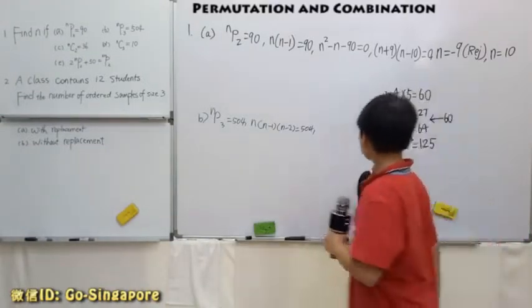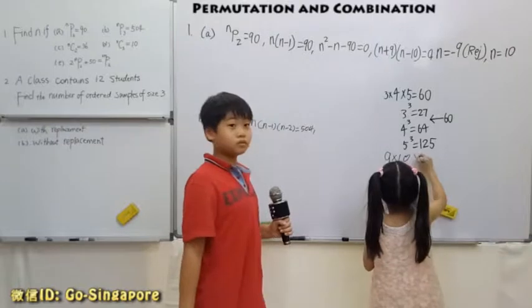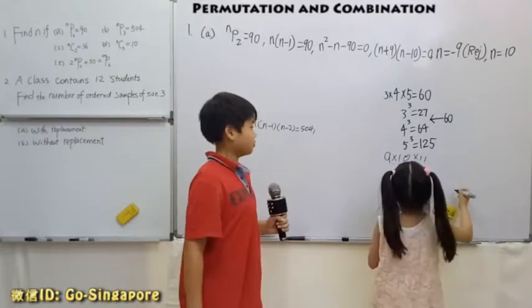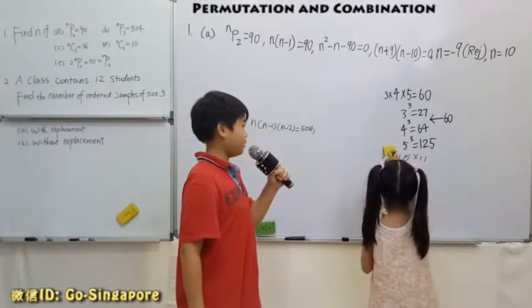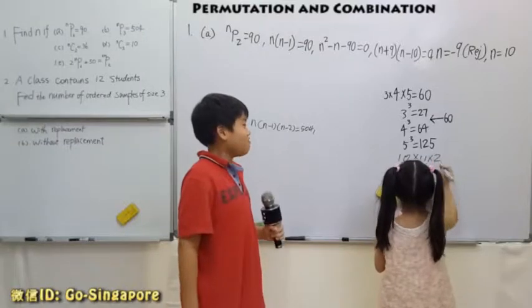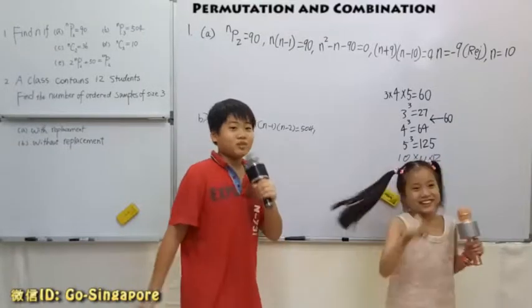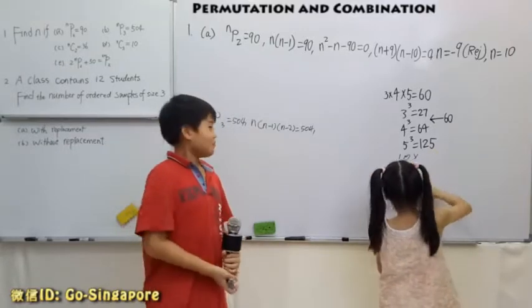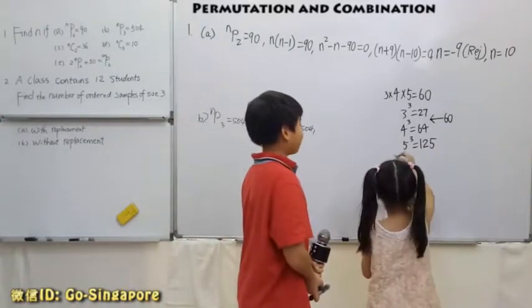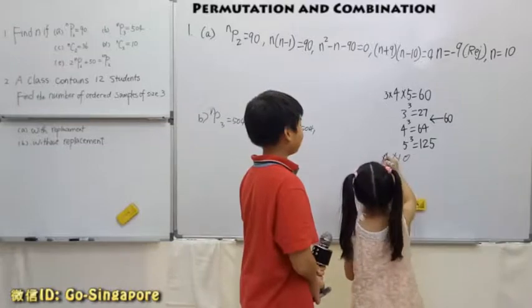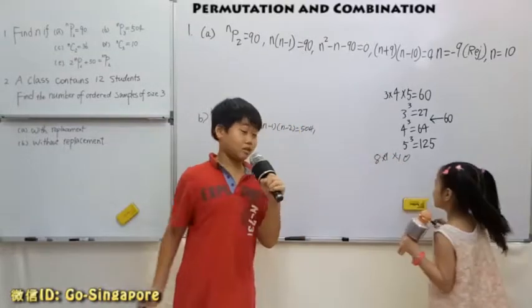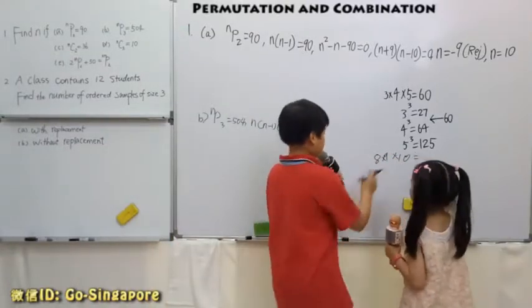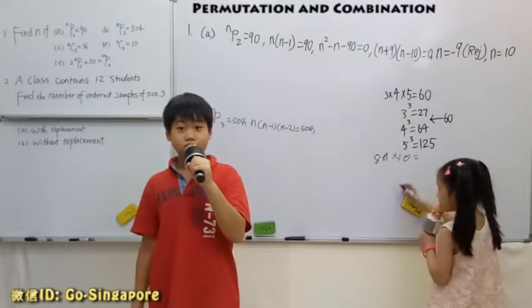8, 9, 10. Can I just give a little bit smaller? Okay, also can. So first is 8 times 9, which is 72, right? Yes.